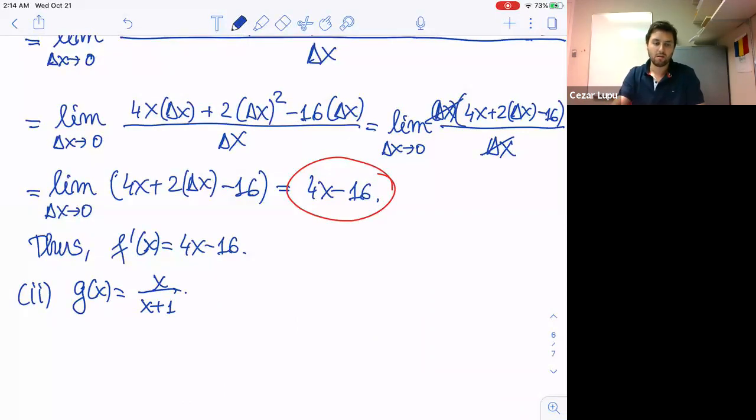It's very fast. But now we're asked to use the definition, and although it will be a bit painful, we can do it. So let's use the definition.